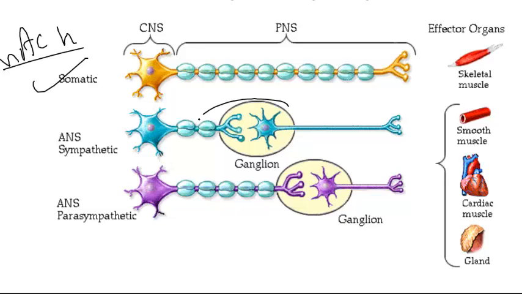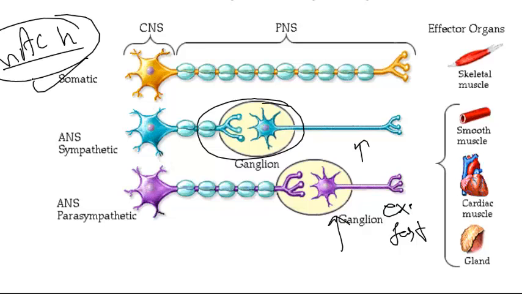So for postganglionic neurons it's always excitatory, and always fast, for both sympathetic and parasympathetic neurons. But for somatic it's different. In somatic, we also talked about NACH, so they will also have a fast response. We know that somatic neurons are connected to effector organs like skeletal muscle, while the sympathetic and parasympathetic parts of the autonomic nervous system are linked with smooth muscle, cardiac muscle and gland.